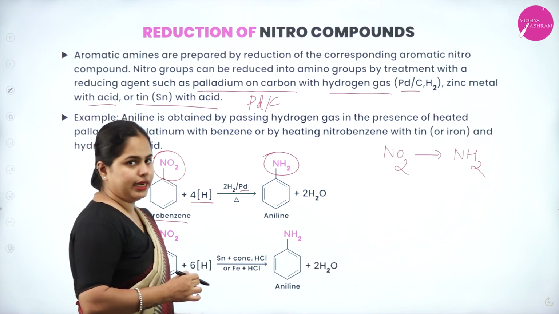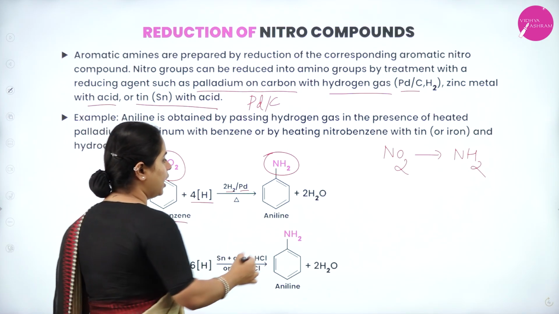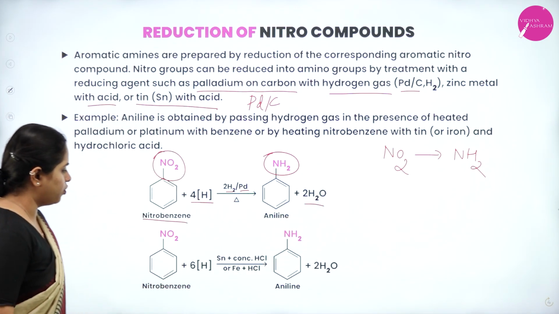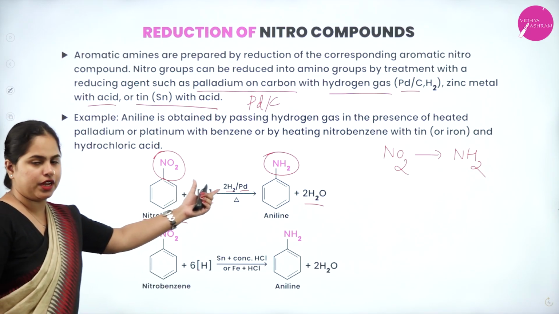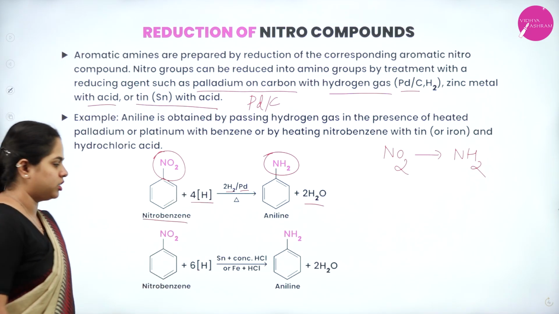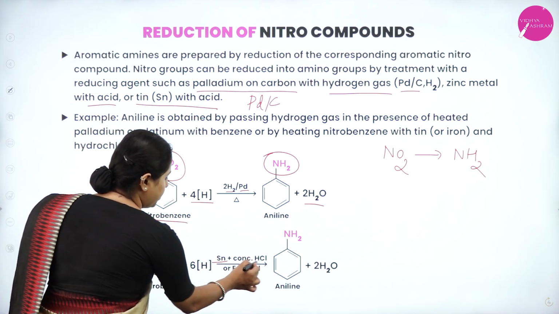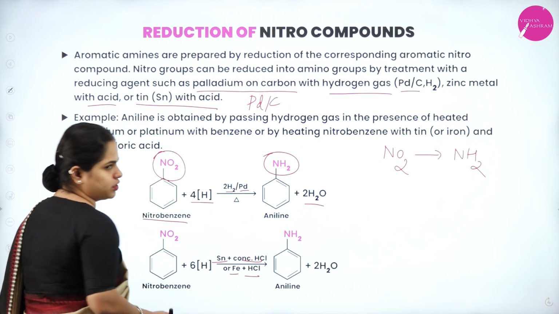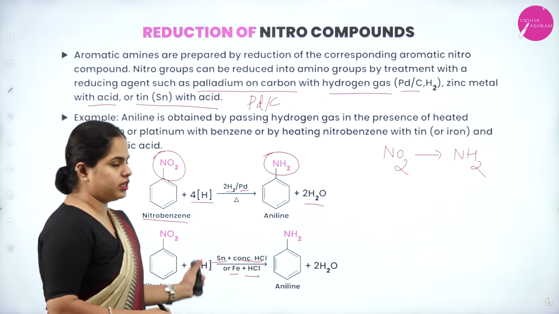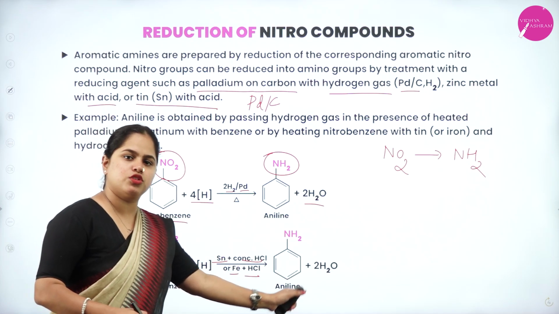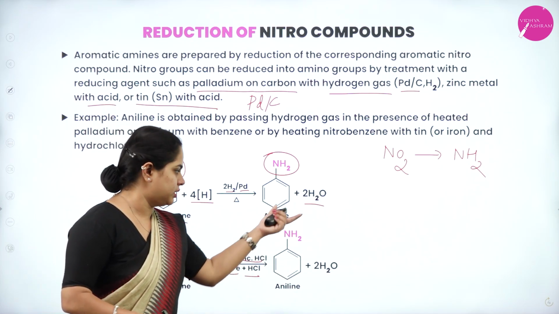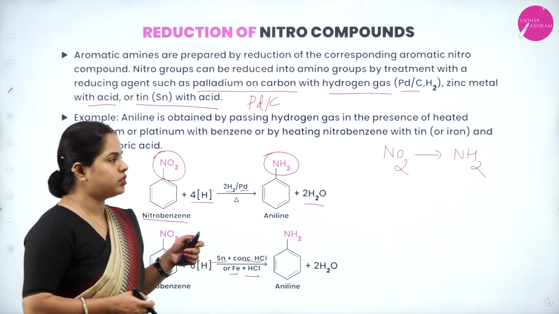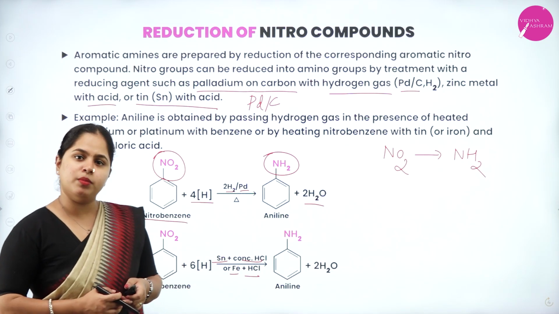So you will get aniline, which is an aromatic amine, and water will be removed. Here you can see another option is, instead of palladium on carbon and hydrogen, you can use tin in presence of an acid or iron in presence of an acid. In both these cases, nitro group will be reduced to amino group. Okay, that is, you will get the aromatic amine. So this is a method of preparation of aromatic amine.